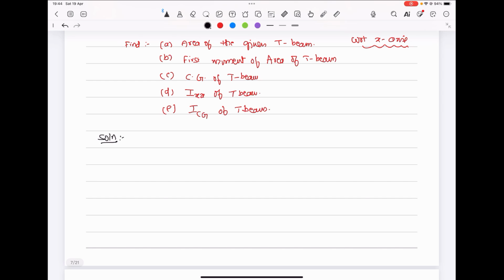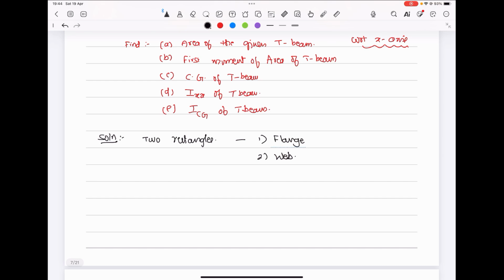A T-beam has two rectangles. One is the flange, second is the web. At this point of time, forget about the values. This is 100, this is 10, this is 8, this is 100.